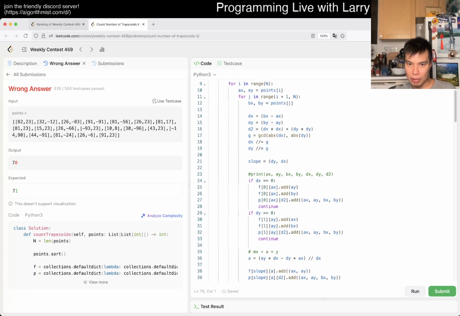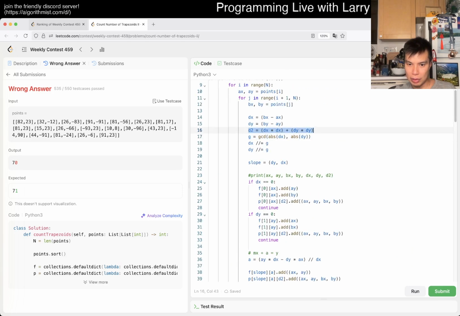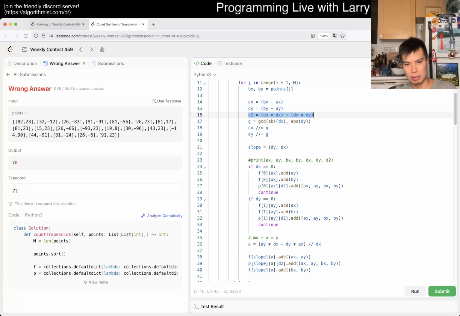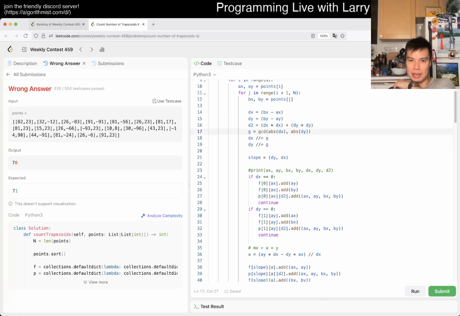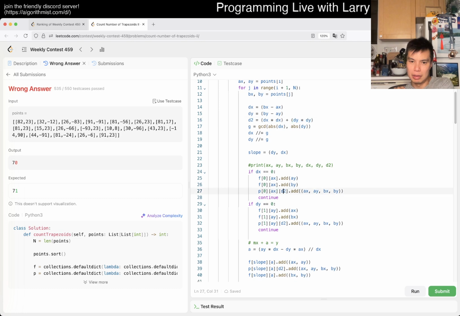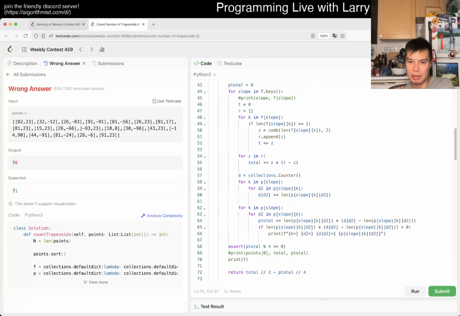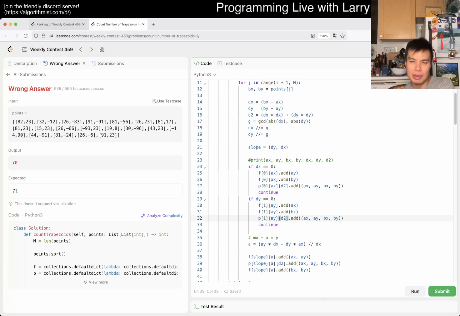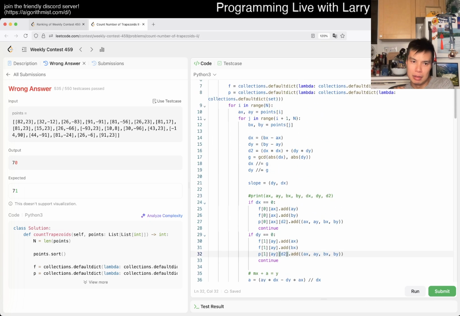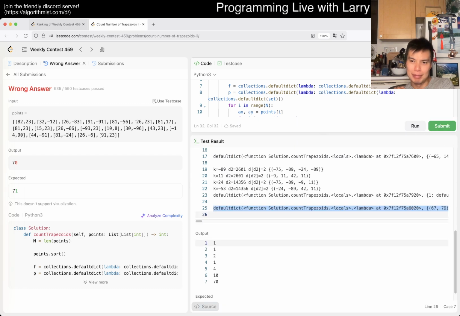Double checking real quick, because we did put D2 up here. Does that help? Or do I have to worry about anything here? I don't think so. I think the signs are okay. DX is positive. So I think D2 doesn't change or shouldn't change. I mean, there's no parallelogram, Larry. That's not the issue. Then what is the issue, Larry? I don't know. That is a good question, Larry.